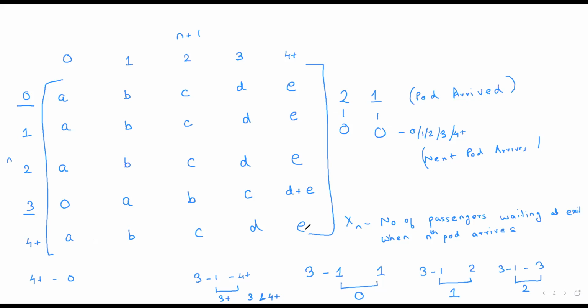See if this is making sense or not. If 4 or more than 4 passengers are waiting when a pod arrives, all of them are immediately taken away. Now, whether that particular pod takes them away, or that taxi takes them away, is not going to influence anything, because the moment that particular pod leaves, there would be 0 passengers waiting at the exit.